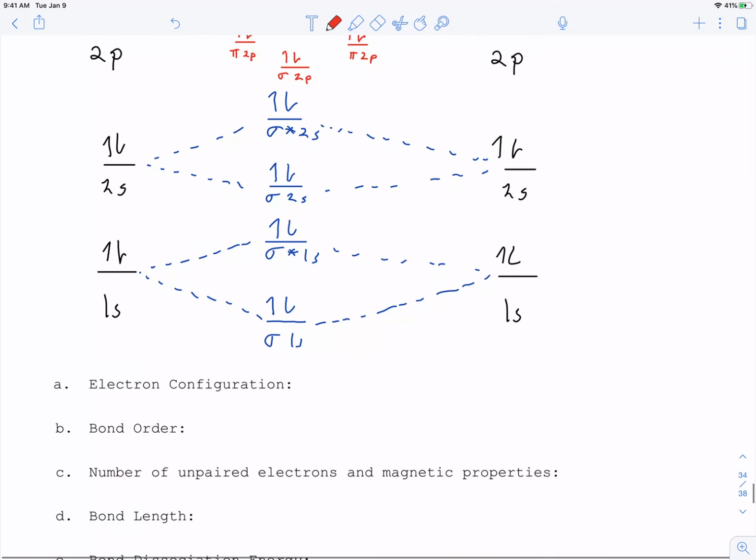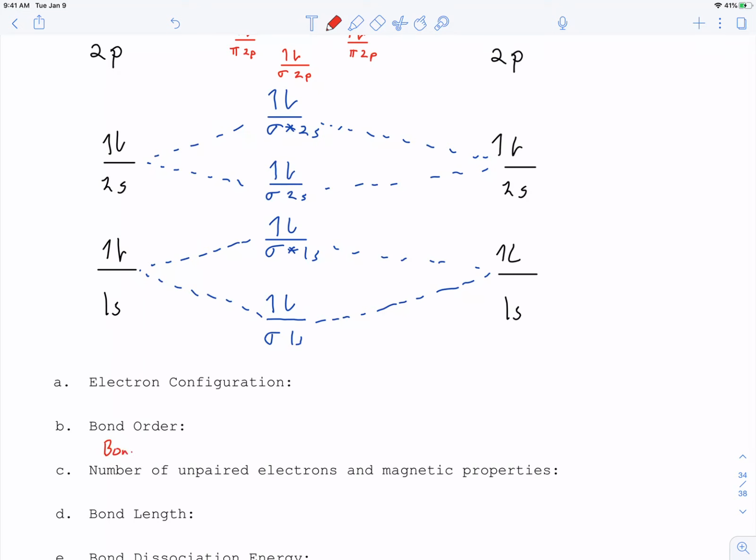So what I'd like to do now is draw the bond order. Remember, the bond order equals 1/2 of how many bonding electrons we have minus the anti-bonding electrons.